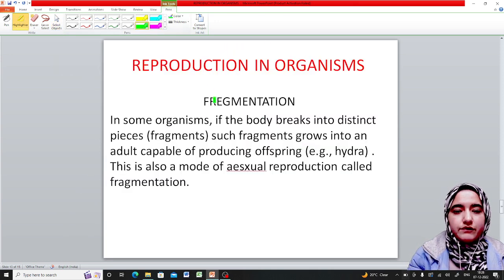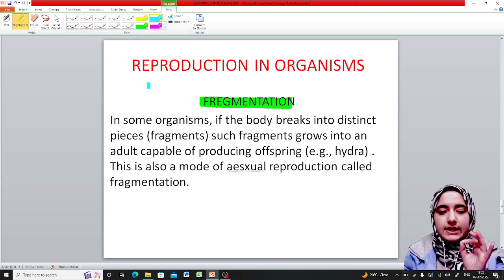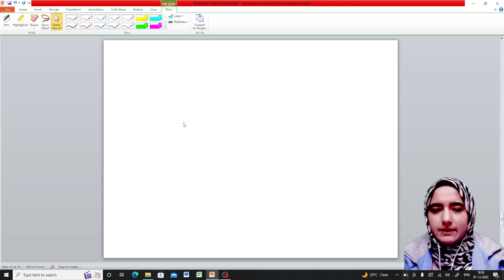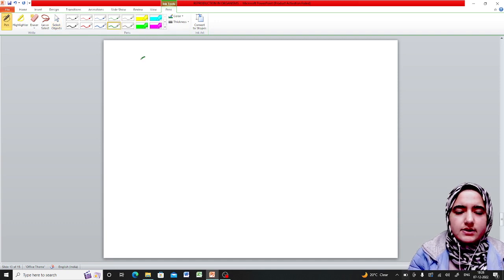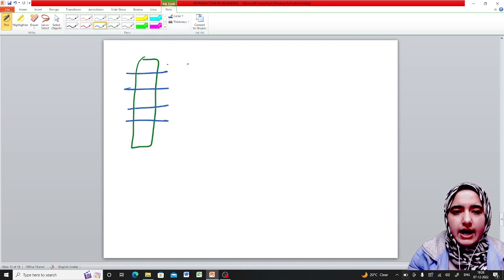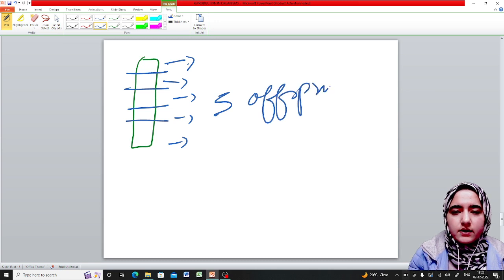Now we will see fragmentation. What is fragmentation? Fragmentation simply means that if we break an organism into so many pieces, each and every piece will give rise to a new offspring. 1, 2, 3, 4, 5, that means 5 offspring can arise here. You might have seen earthworms.